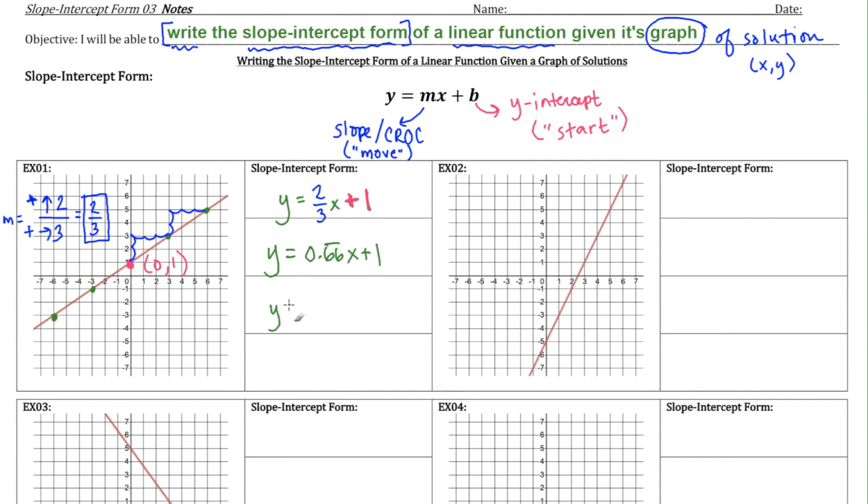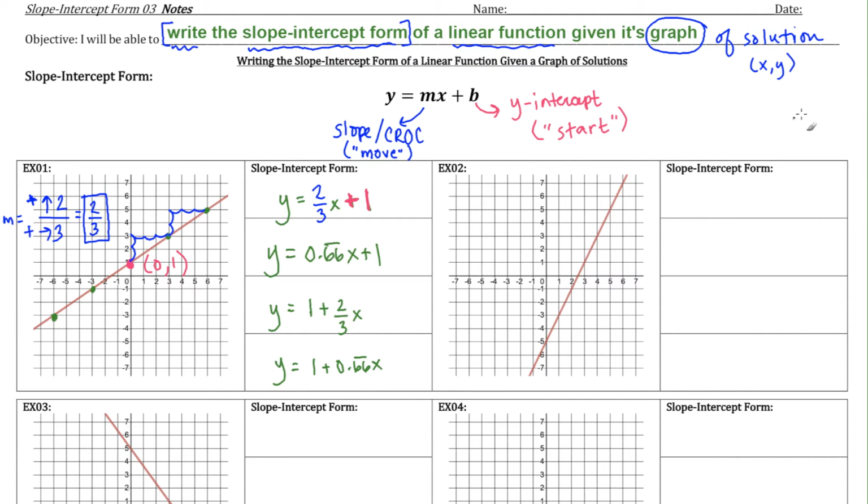So we can say y equals positive 1 plus 2 over 3 x. And then lastly, we can write it as y equals 1 plus 0.66 x.